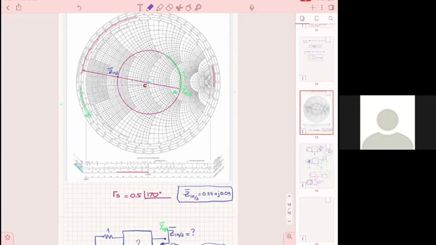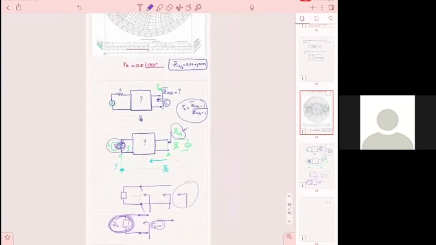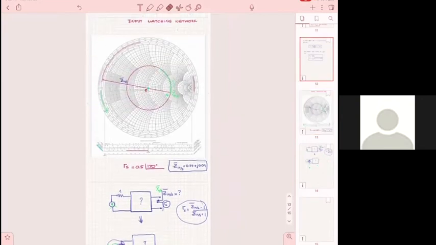Yes, but I have a question. So instead of the shunt, if we were using a series stub, don't we go the opposite direction? Yes. You will always go not the opposite direction. You will always go towards the load, but you will start at Z, not at Y. You always have to follow the same direction.